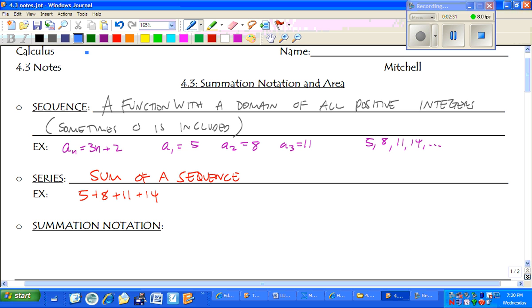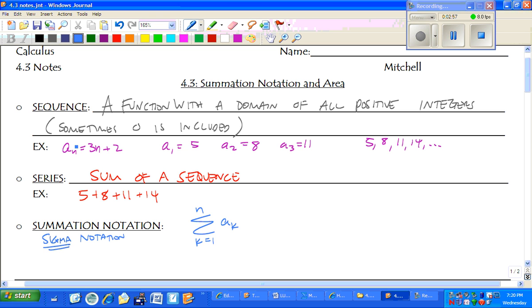Summation notation, which is also more commonly called sigma notation, uses the Greek letter sigma. So an example of this, we would have the sum from k equals 1 to n of a sub k.